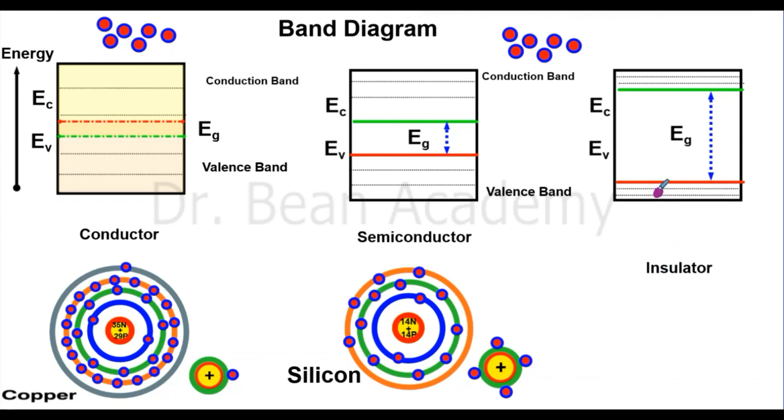If an electron is in the valence band and we see that this band gap energy is too much, we have to provide it so that the electron can jump to the conduction band. So for the insulator, the gap between the conduction and valence band is too much, and it shows that we need to provide high energy to the electron externally so that it can jump to the conduction band.